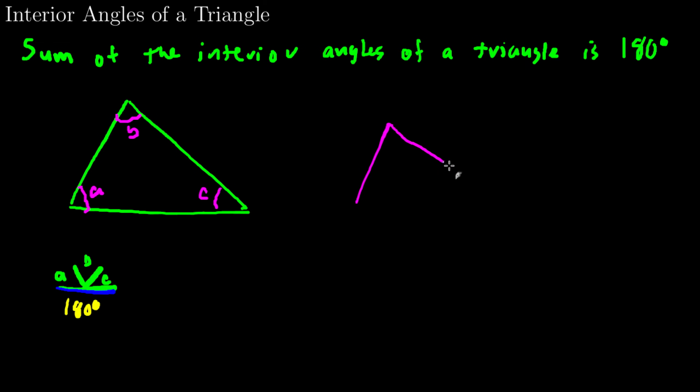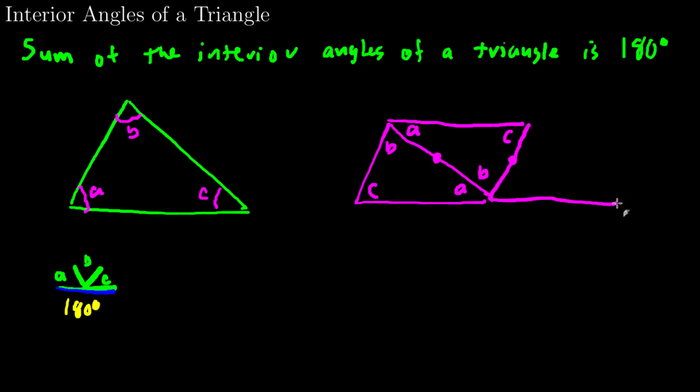So if I have a triangle, and I'll call this A, B, C, if I were to rotate this triangle around that point, I could make a parallelogram with angle A over here, angle B right here, angle C right here. And if I were to rotate this around here, I would have a trapezoid with angle A right here, angle B right here, angle C right here, and I can see the same thing.